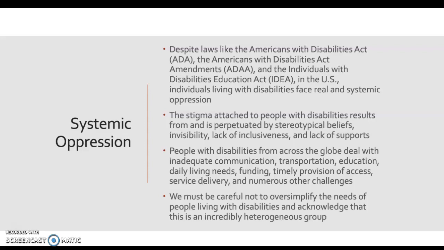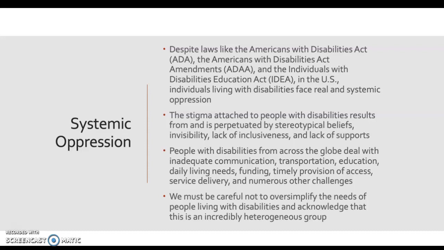But people with disabilities from across the globe also deal with inadequate communication, transportation, education, daily living needs, funding, timely provision of access, service delivery, as well as numerous other challenges. It's important, again, that we not oversimplify the needs of people living with disabilities and understand the significant heterogeneity that exists within this group.